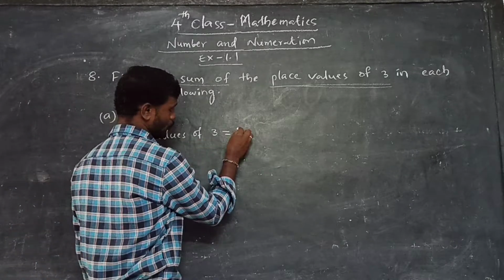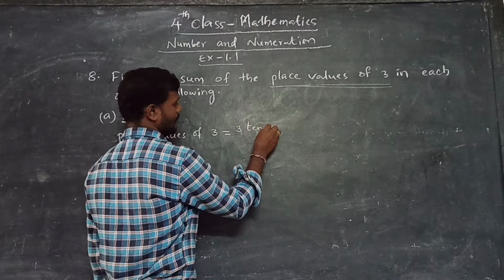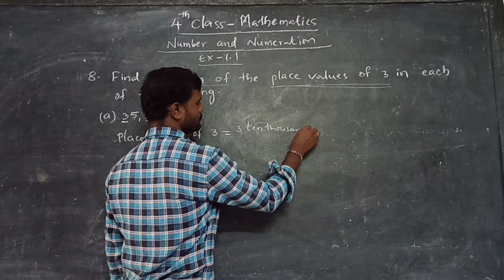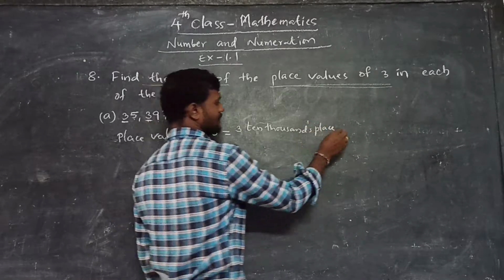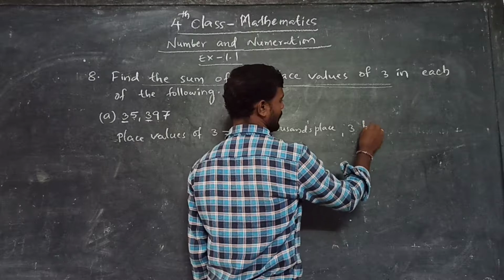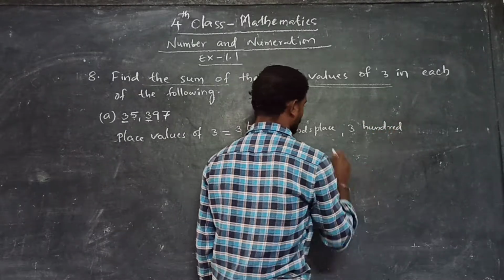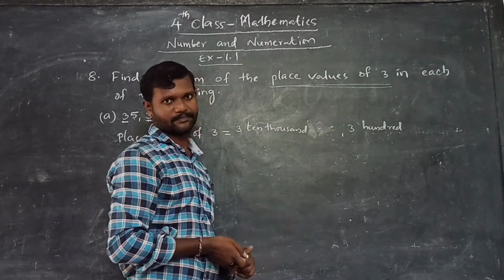So 3 is in two places. 3 is in which place? In 10,000s place. And another 3 is in which place? Hundreds place. So 3 ten-thousands and 3 hundreds.